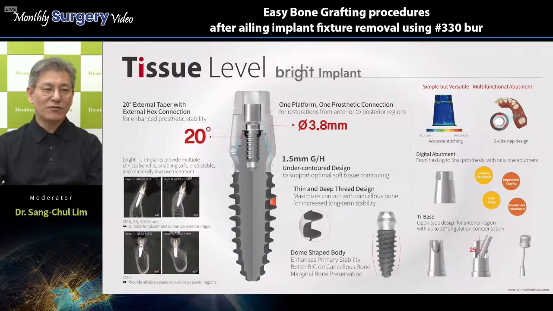The platform is 3.8 millimeter, a single platform system, and the gingival height is 1.5 with a polished, concave surface. This is for the soft tissue. The undercut design means soft tissue room for a healthy connection between hard bone and soft tissue. This area is very important, and even more so nowadays, as you know. Dome shape.